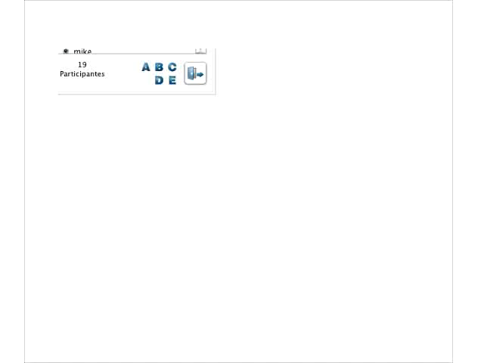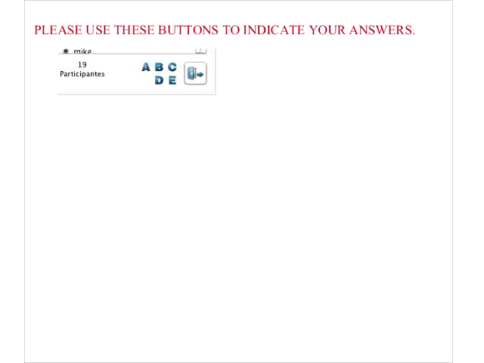to indicate your answers. So when you indicate the answer, I'll be able to see it. Other students will not be able to see it. Please click your answer exactly one time.